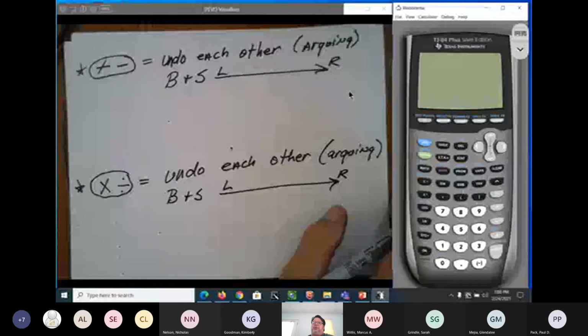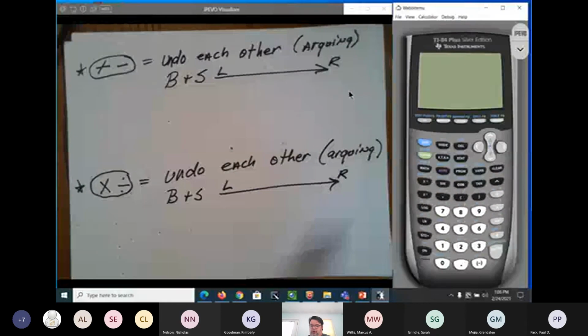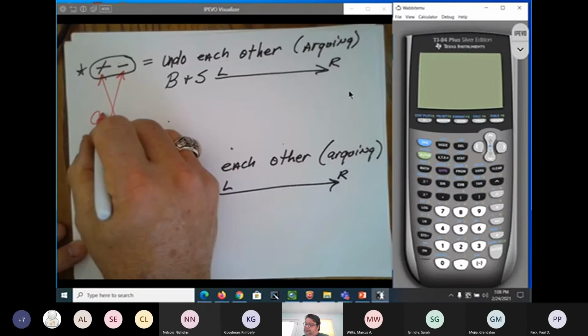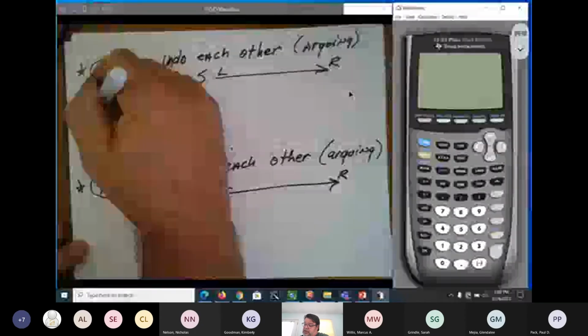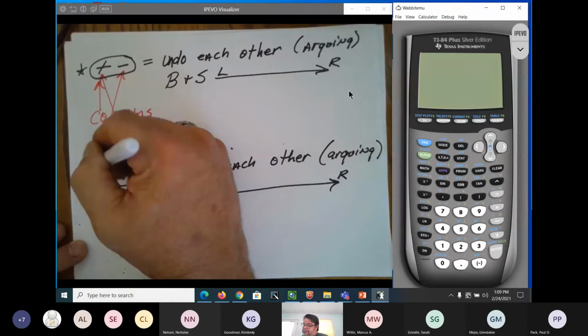Very rarely do you see brother and sister. I'm going to give you an example here in just a minute. But what if you have a crisscross of these brother and sisters? Well, if you have a crisscross of brother and sisters, they're not brother and sisters, they're cousins. And cousins go to Aunt Sally's house.